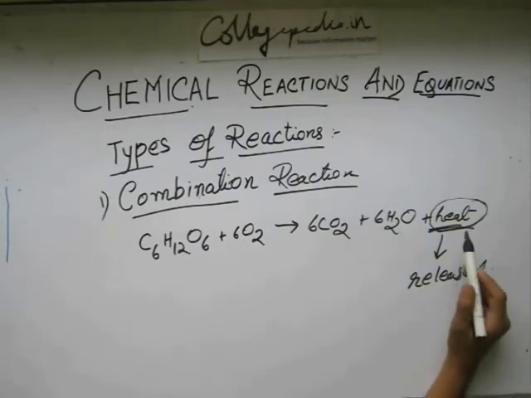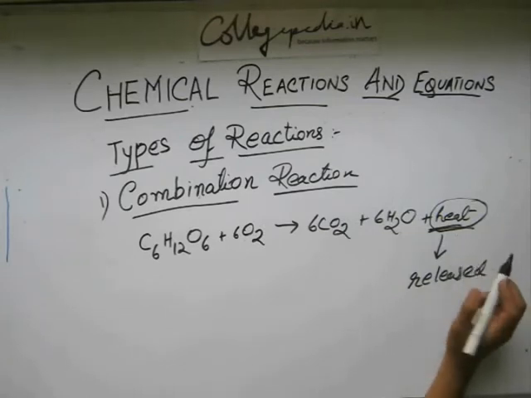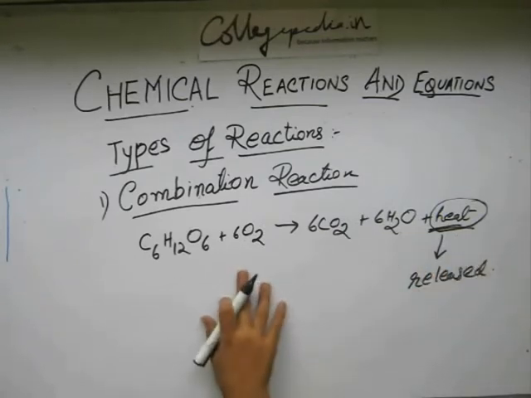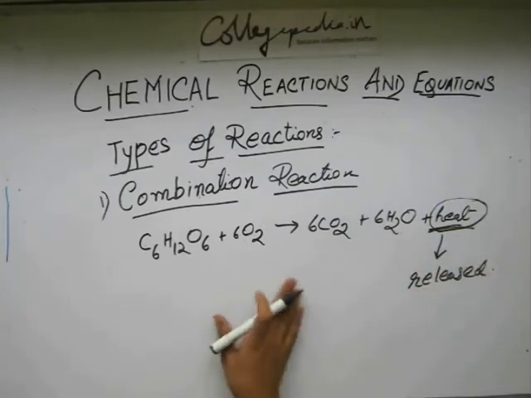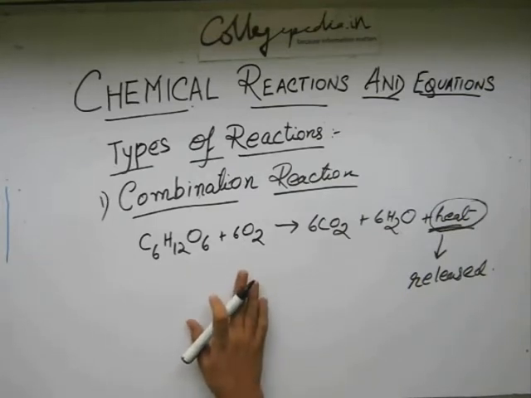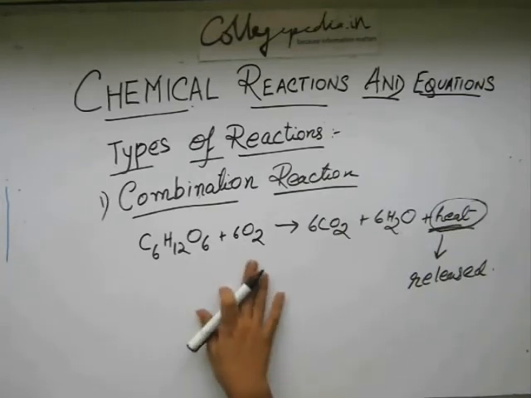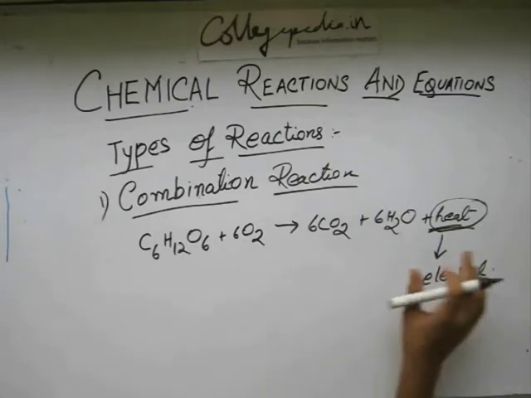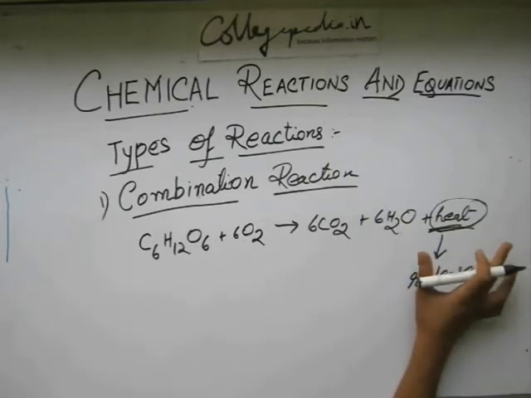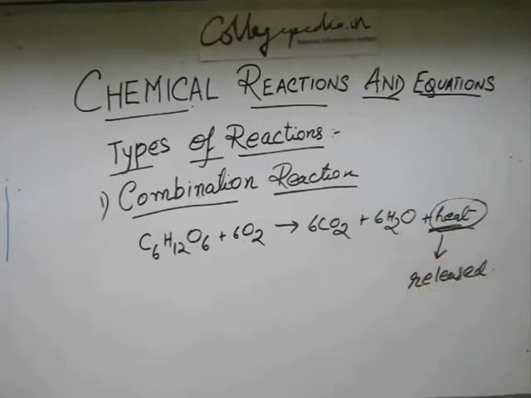And that is why we get this energy. So glucose combines with oxygen to give us this energy which we require. So this is a combination reaction, and this is also exothermic.